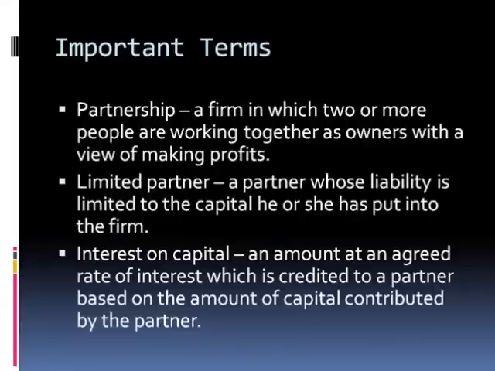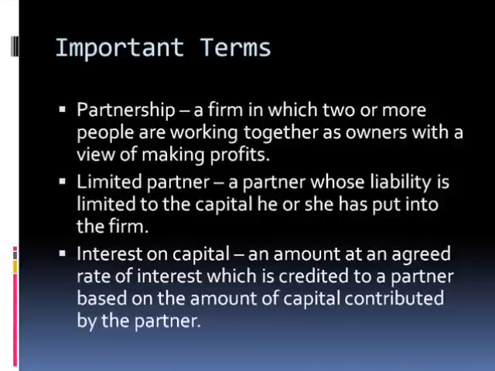Alright, look at some important terms now. Partnership. A partnership is a firm in which 2 or more people are working together as owners with a view of making what? Profits. A limited partner now is a partner whose liability is limited to the capital he or she has put into the firm, as I said before. Interest on capital now is a term used.